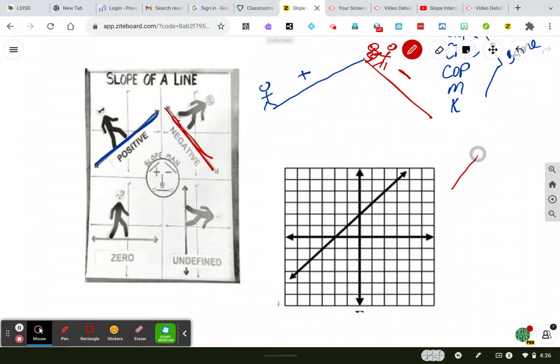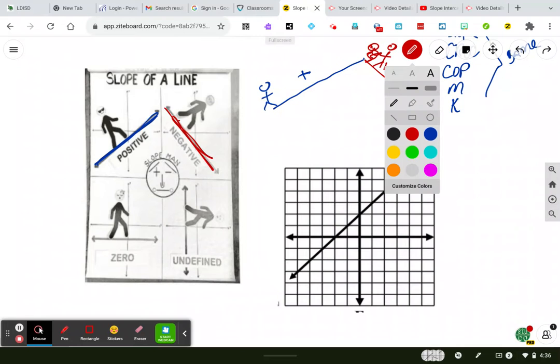Maybe they started selling something and then they put it on sale and then they jacked the price up a little bit. Their line would look like that, something you would see in the stock market or in a local business or in your budget. Maybe this month you lost your job. So you started out with this much money and now you're in the negative. So it all is relative to whatever is going on in the real world.